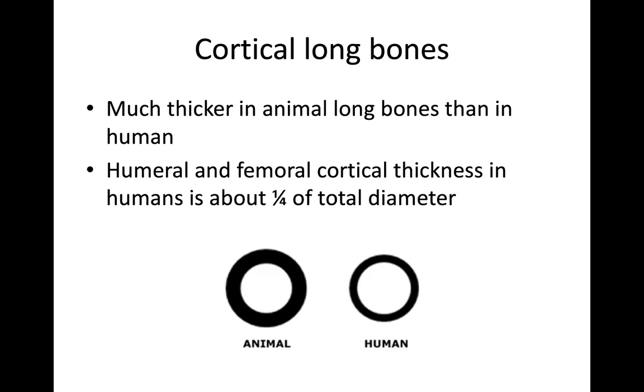This is more noticeable in the humeral and femur areas, where the cortical thickness in animals is like 4 times what it is in humans. So there's a little diagram to kind of demonstrate it. Okay, so animals will have a very, very thick cortical bone by comparison.